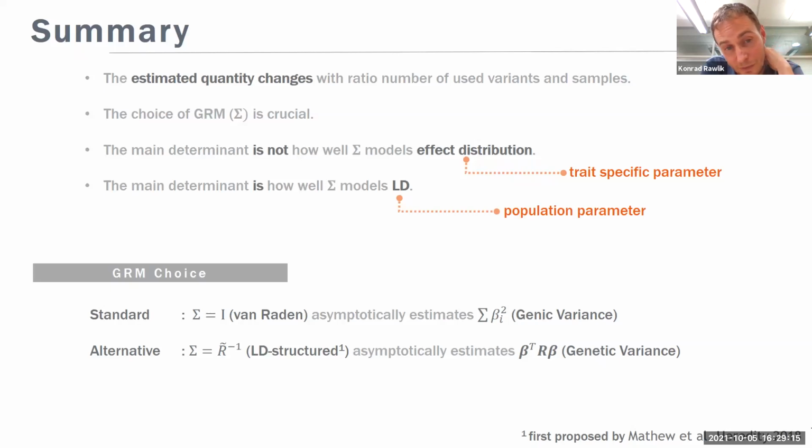Alternatively, we can pick our sigma to be the inverse of an estimate of the LD structure, and I'll term that LD-structured G-REML, and it's something that was actually proposed in 2018 by Matthew et al. without a formal argument. And if we do that, what we see is that asymptotically, we would actually estimate the genetic variance of the population.